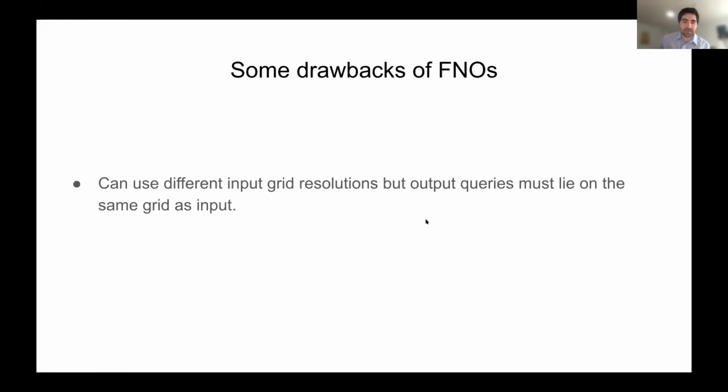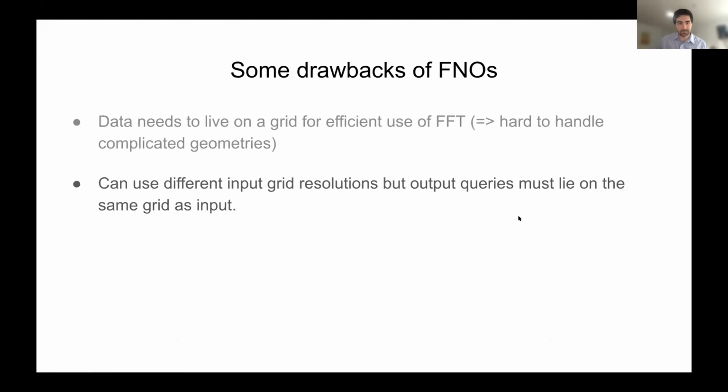Just the minor drawback is that the two grids that we use for the inputs and the outputs do need to be the same because we're going through the Fourier transform, but the resolutions of those two can change from example to example. There are extensions of the fast Fourier transform where you don't have to be on a regular grid.